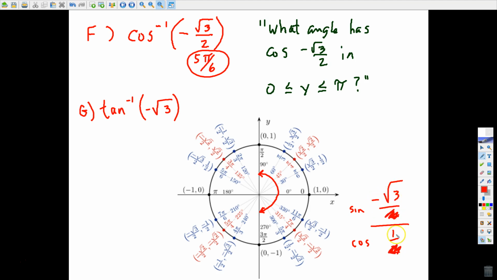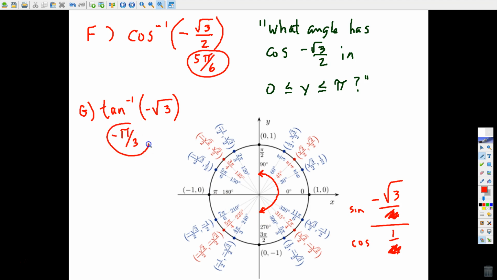And you end up with negative root 3 over 1, which is negative root 3. And that angle, remember, don't look at this and say that's 5 pi over 3. You're starting here at 0, and this is like negative pi over 6, negative pi over 4, negative pi over 3. Okay, so the answer here is negative pi over 3.